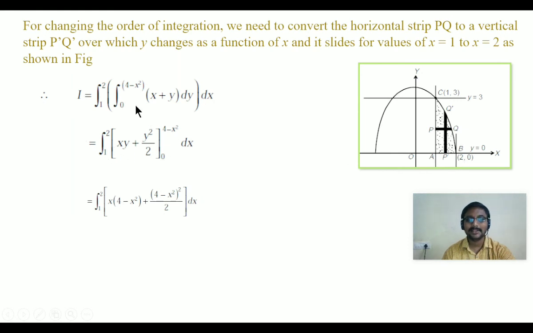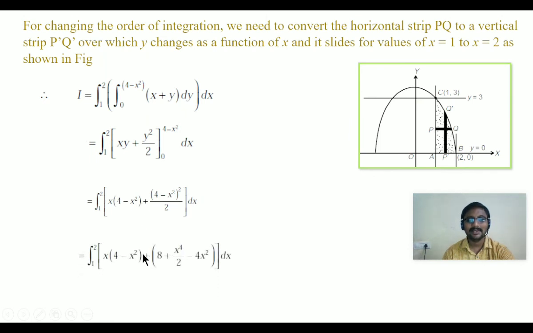Now applying integration with respect to y and then x. While integrating with respect to y, keep x terms as constant. The integral of y is y square by 2. Substituting the upper limit 4 minus x square and the lower limit 0, and simplifying, the double integration now becomes a single integration.